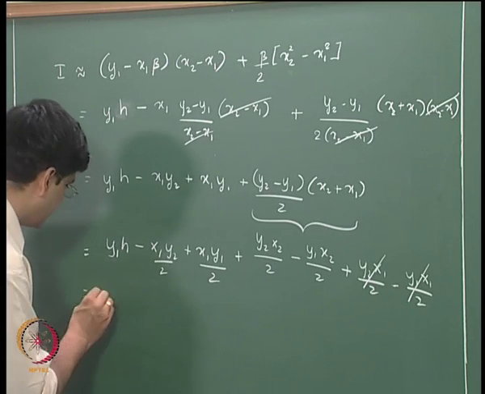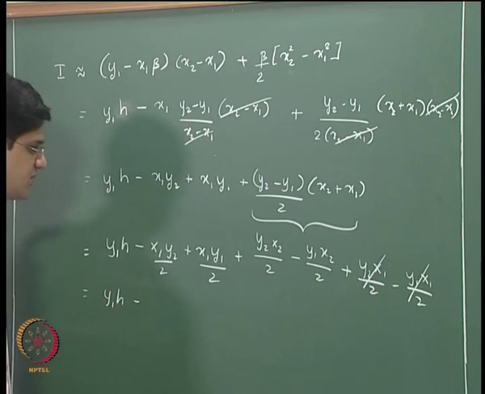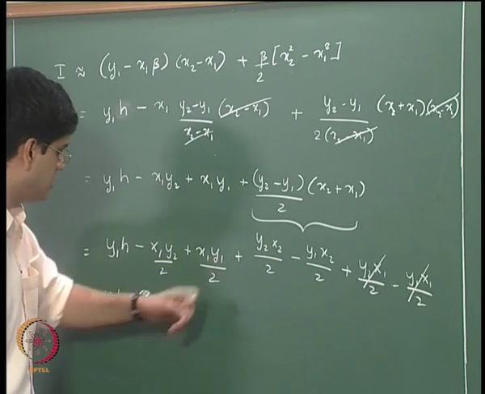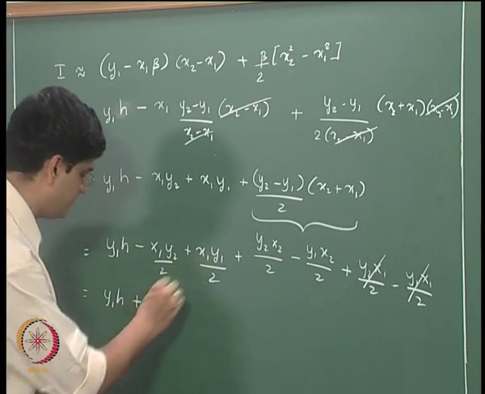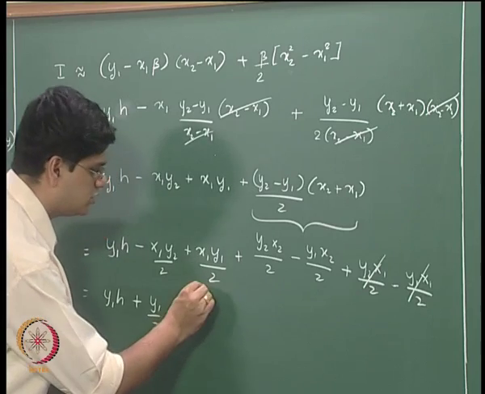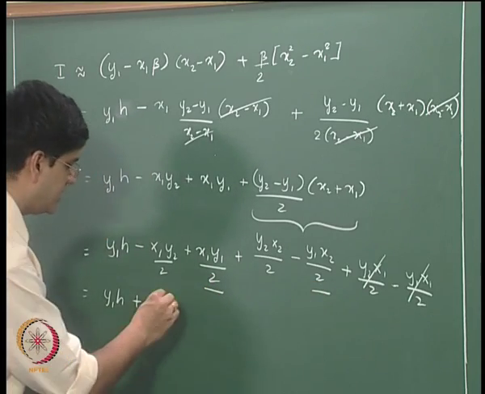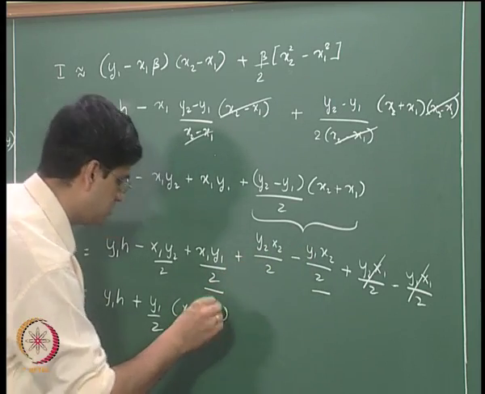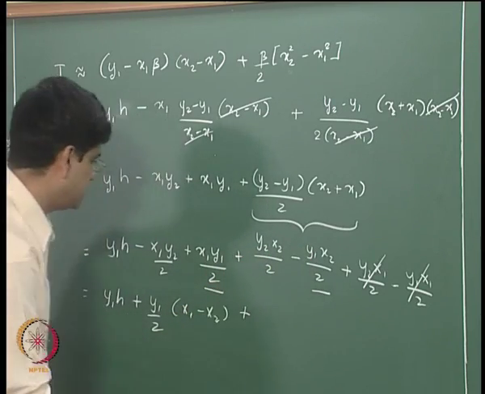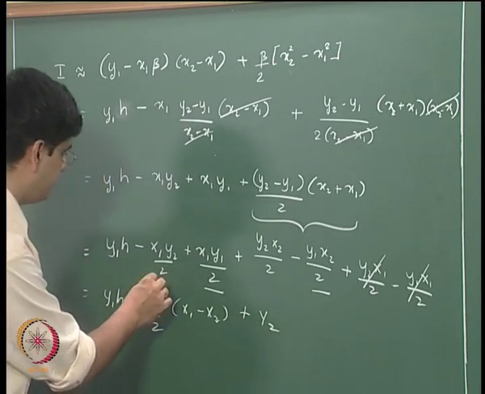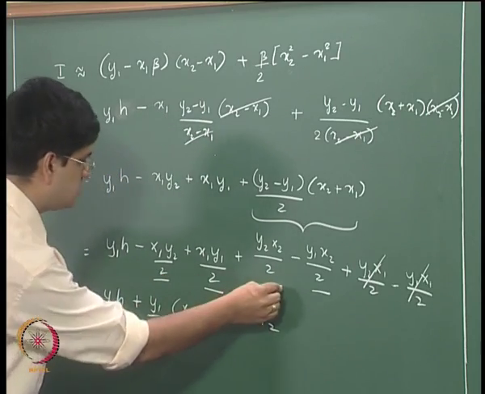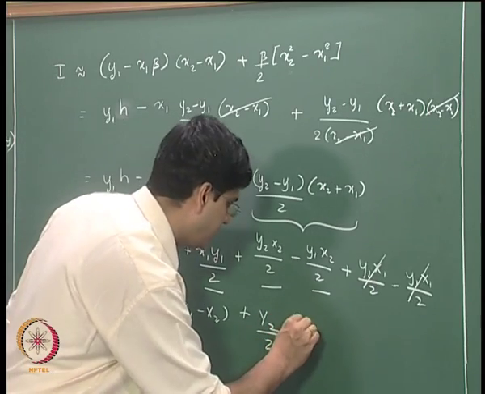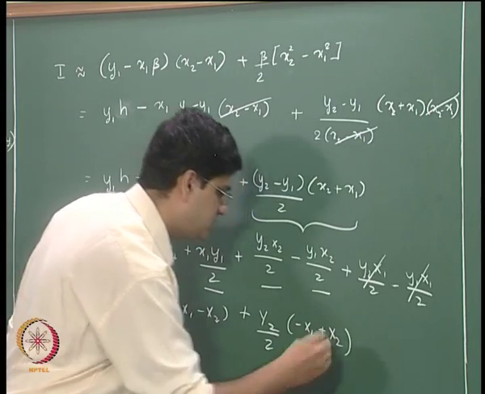Okay, so we will write this as y1 h minus y1 multiplied by x, so we will plus y1 by 2, we will look at these two terms, and that is (x1 minus x2), plus y2, and then we will look at these two terms, and that is going to be y2 divided by 2 multiplied by (minus x1 plus x2).